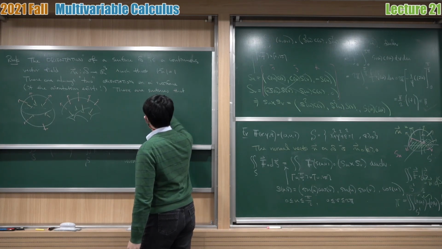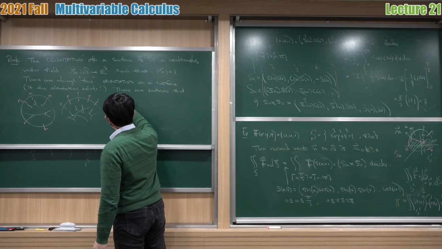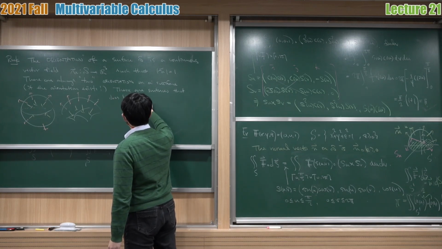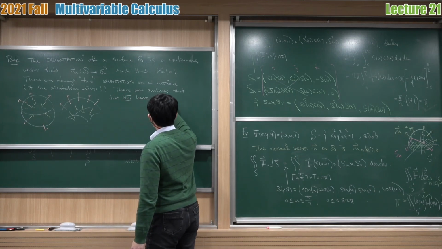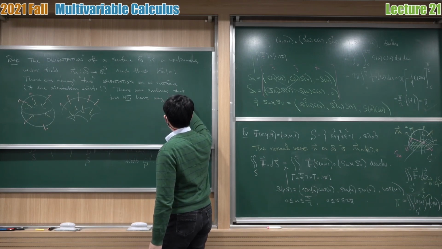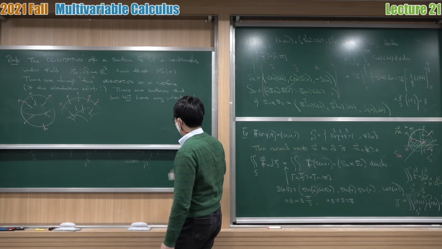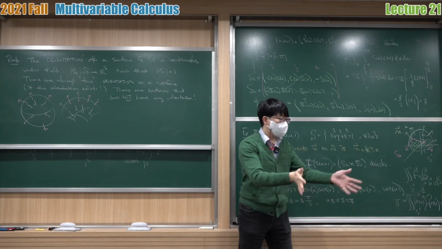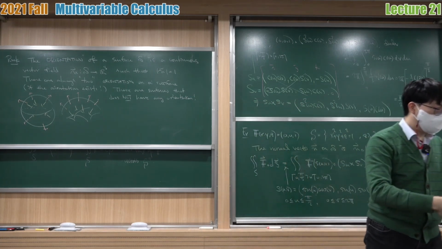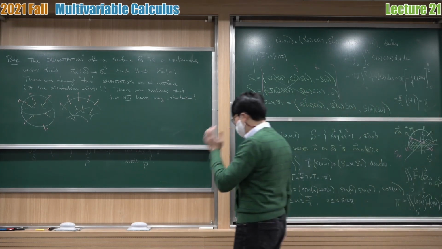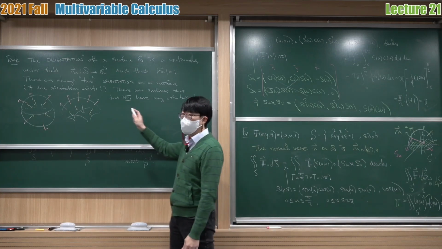that do not have any orientation, which means that you cannot find out which one is upward and which one is downward. You cannot differentiate these two. For example, the most famous one is the Möbius band.